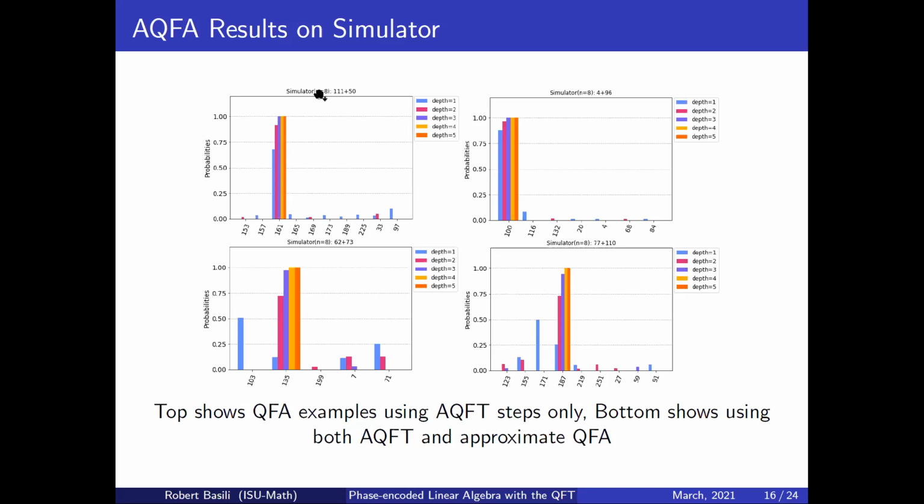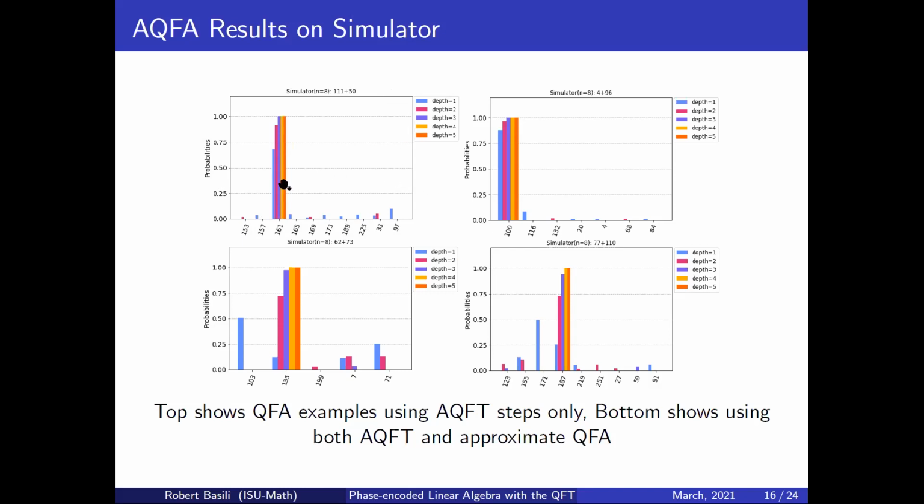Keep in mind, this is using 8 qubits, and at the top you can see what 2 numbers are being added, and these bins show you any number that appeared as an answer that was greater than 1% of the total probability. Otherwise, it would have been a very ugly picture.